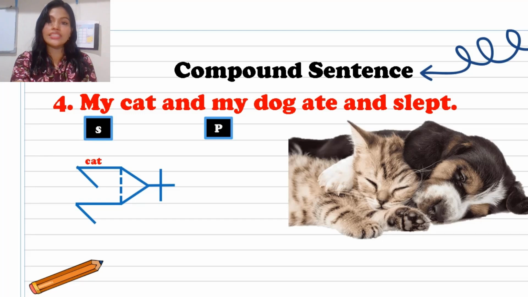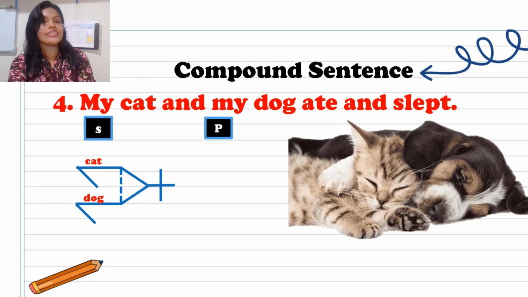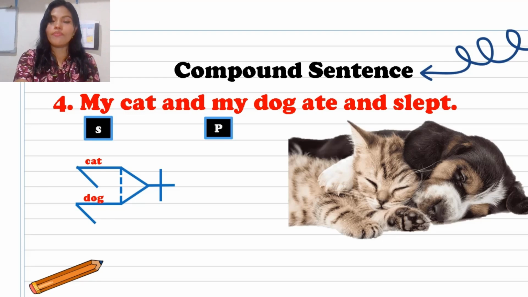Our subjects are cat and dog. We place them, and we create a diagonal line for the word describing or modifying our subject, in this case, "my." And our conjunction "and" is placed on the dotted line.